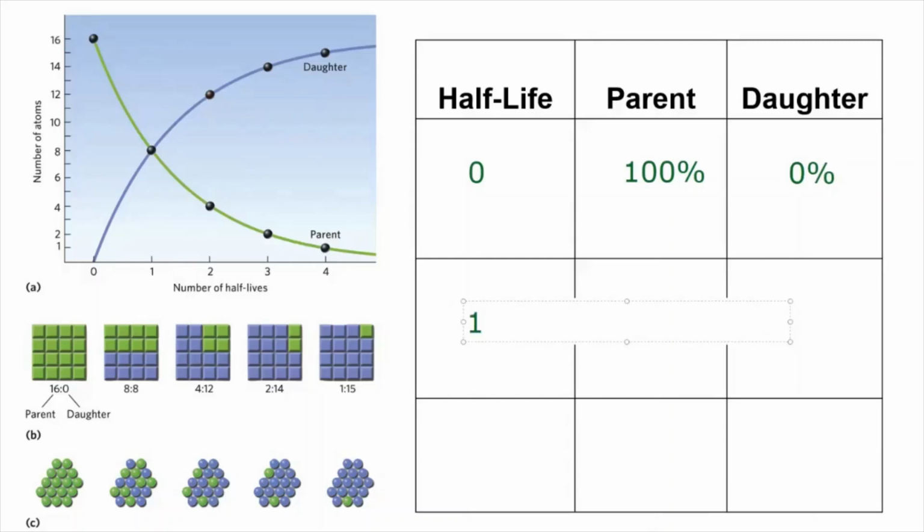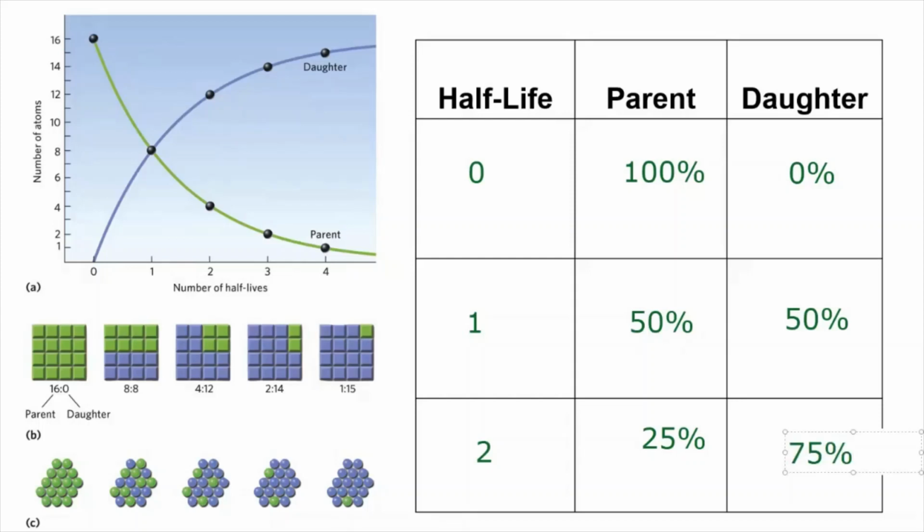At the first half-life, 50% of the atoms have already broken down, and so we only have 50% that are radioactive, and the other 50% are now stable daughter products. On the second half-life, only 25% remain radioactive or parent, and the other 75% are now the stable daughter product.